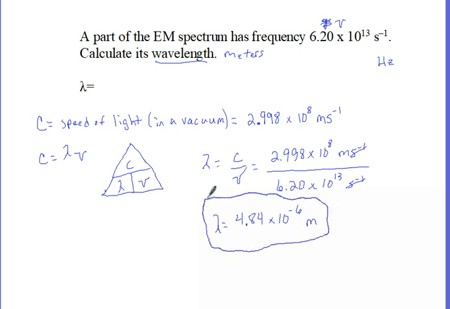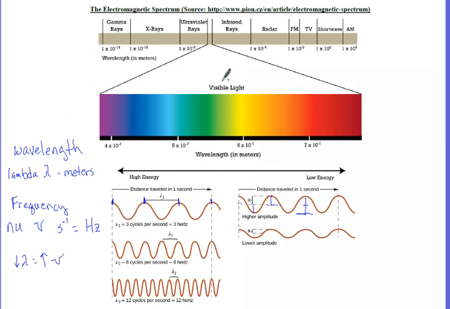So if you look back at your chart, you'll notice that that's somewhere in here, either 10 to the minus 7. So it's somewhere in here. I would say that one's going to be in the infrared region.